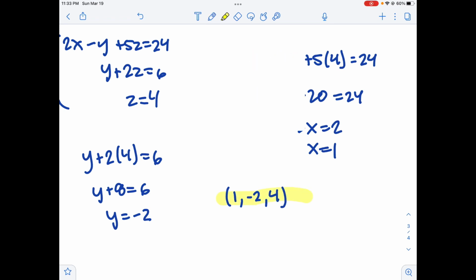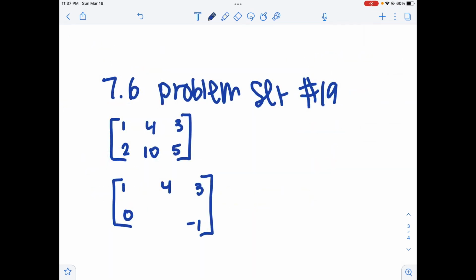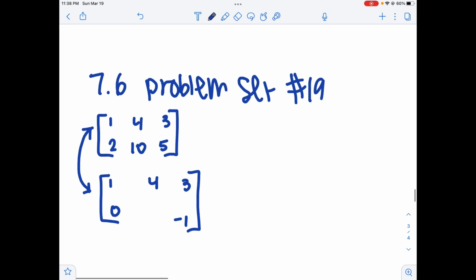And that's our answer. The next problem I missed was 7.6 problem set number 19. We have our matrices, and we want to figure out what operation we can use to get from this to this. For this one, we would do negative 2 row 1 plus row 2, because we're trying to find this right here.